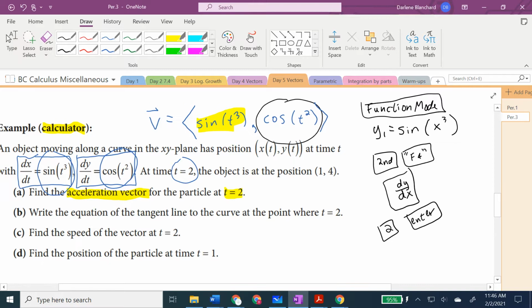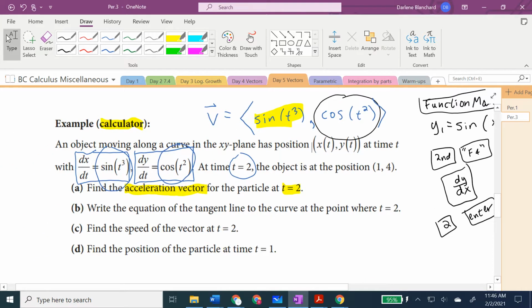Can someone tell me what they got for their acceleration vector in letter A? Let me see.